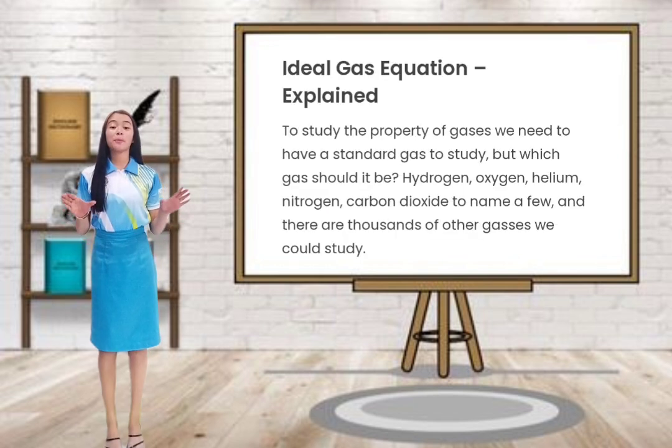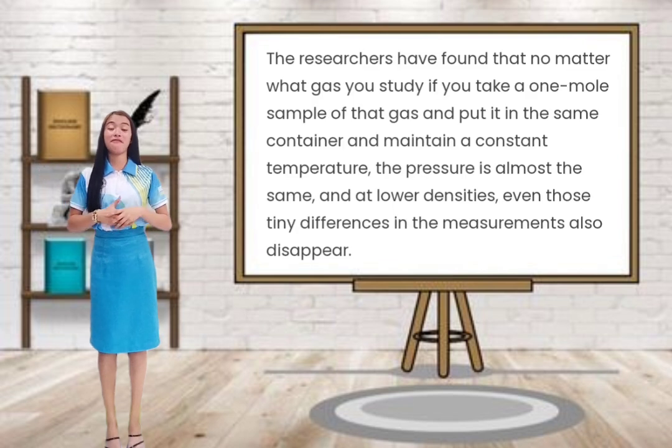To study the properties of gases, we need to have a standard gas to study. There are thousands of gases we could study, but researchers have found that no matter what gas you study, if you take a 1 mole sample of that gas and put it in the same container and maintain it at a constant temperature, the pressure is almost the same.